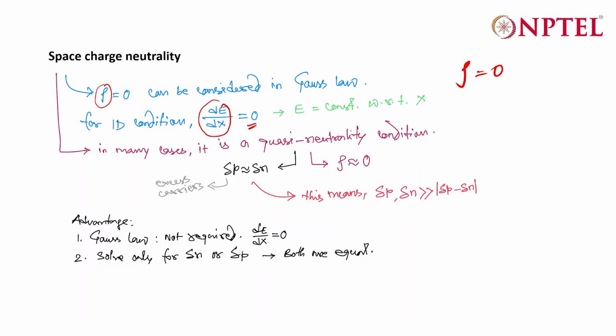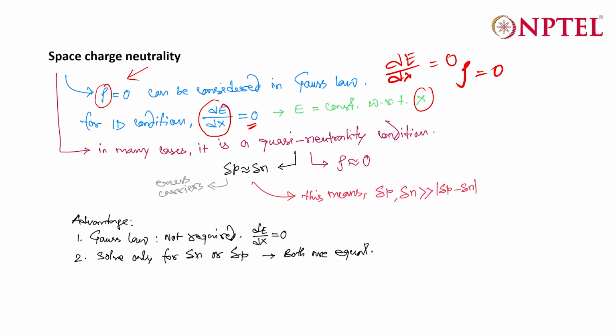So in such a situation, your Gauss law will be equal to 0 because your rho is equal to 0 under space charge neutrality approximation. And what is the physical significance of that? The physical significance of that is your electric field will be constant with respect to x, because your d by dx is equal to 0.